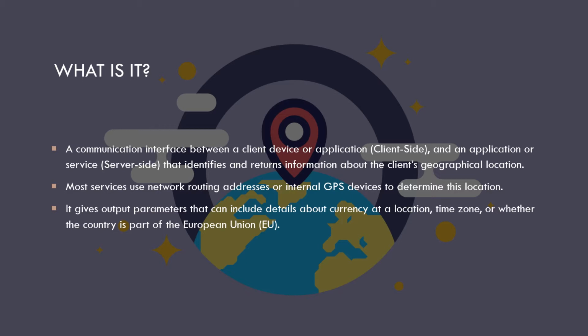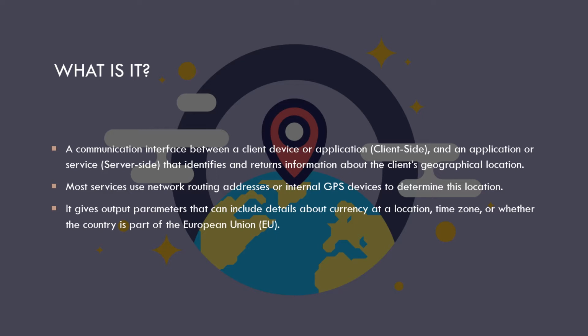The definition of a Geolocation API is a communication interface between a client device or application, client side, and an application or server side that identifies and returns information about the client's geographical location. That means information is sent to a server and then it's brought back, and based on the information that's brought back, a user's geographical location can be identified.